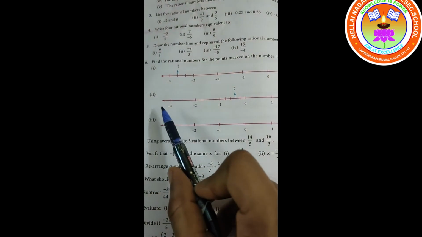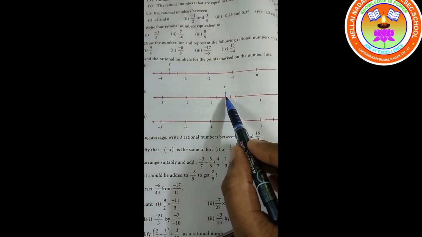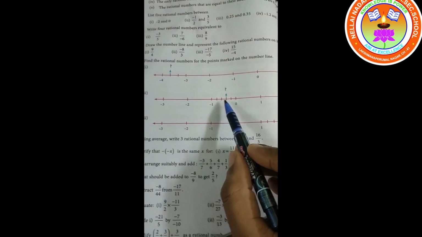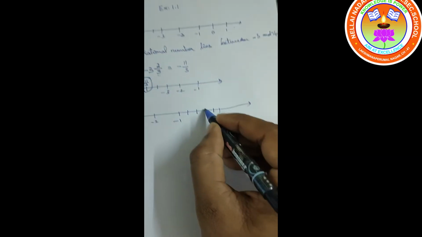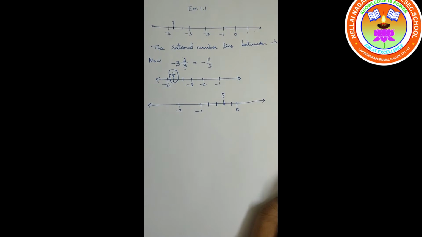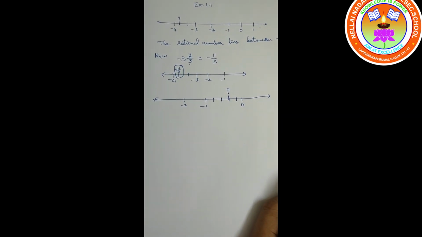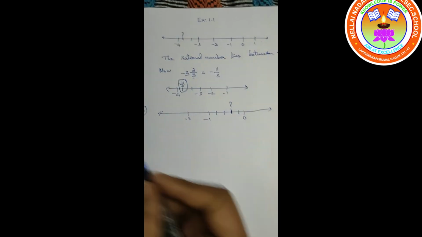This is the second subdivision. It lies between -1 and 0. The question mark is in the second position. So the same thing, we also put the question mark here. Got it? We'll see what rational number will come here.